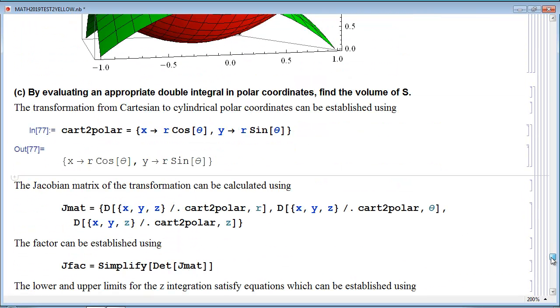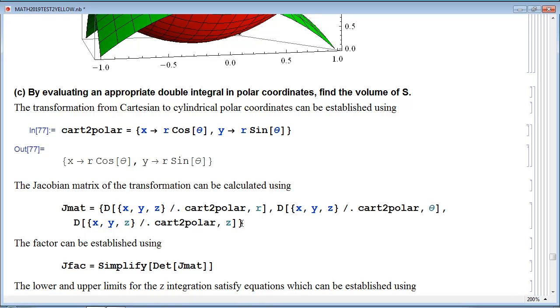And if we can't remember it, we need to work out the Jacobian of the transformation, and this is how you calculate the Jacobian matrix. You differentiate the vector of Cartesian variables expressed in polar form with respect to the three variables r, theta, and z.